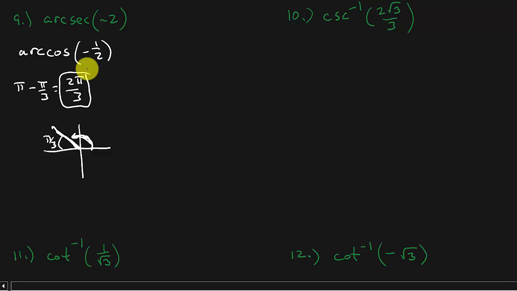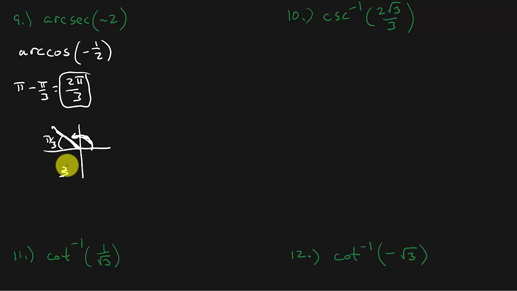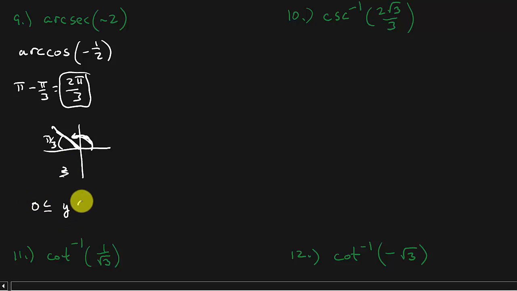Now, you might say, but wait a minute, cosine's also negative in the third quadrant, right? Yeah, but what did it say up at the top? That y has to be between 0 and pi, so we're only dealing with the first two quadrants.